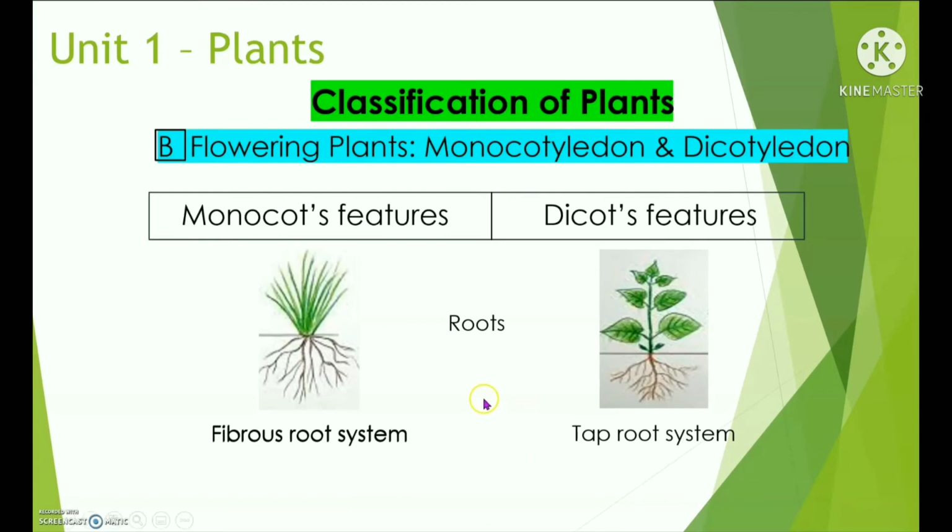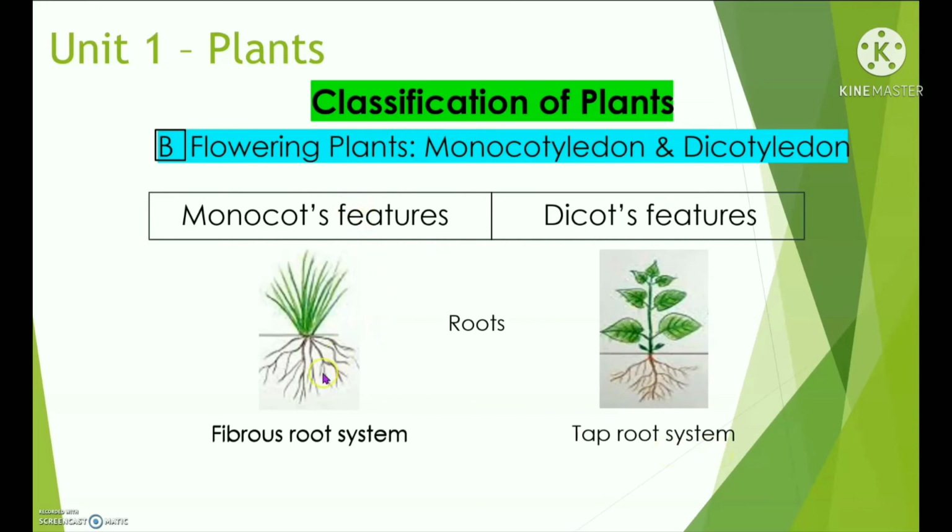Okay, the next feature is the roots. For monocot, when we take the plants out of the ground, you will see that its roots are a fibrous root system. And for dicot, the roots are a taproot system.